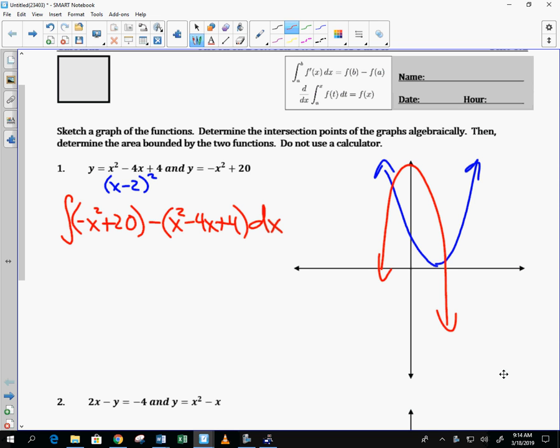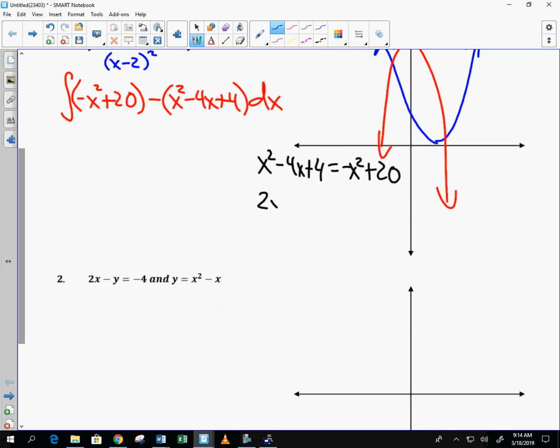What I need to do is determine my bounds. How will I determine the bounds? Set them equal to each other. So x squared minus 4x plus 4 equals negative x squared plus 20. How are you going to solve this?